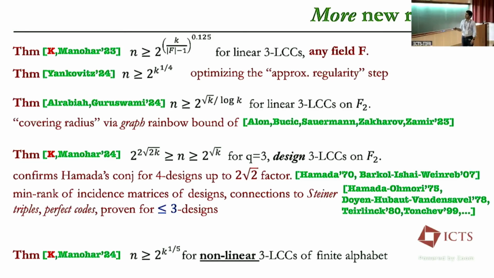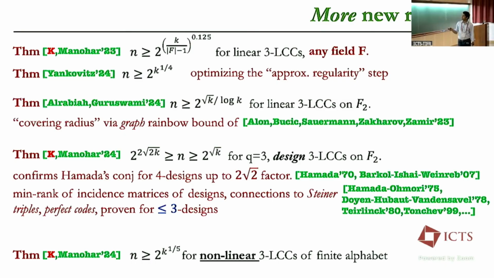By the way, all of this stuff is joint with my student Peter Manohar, who is now a postdoc. In this same paper, we proved 2 new results. We first proved that the same lower bound extends to nonlinear codes. Earlier we had it for linear, but now we can prove nonlinear.